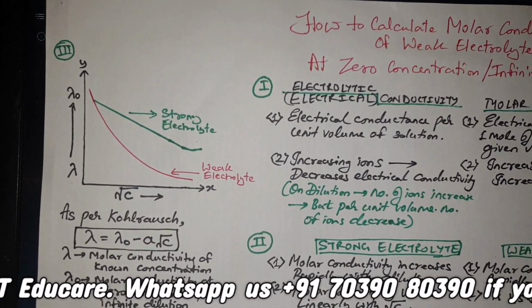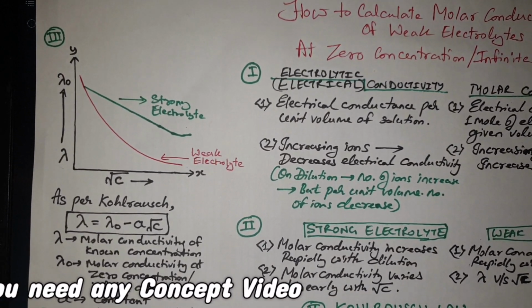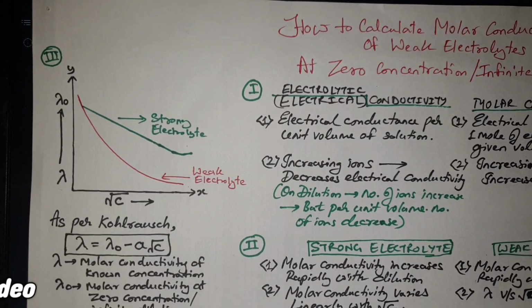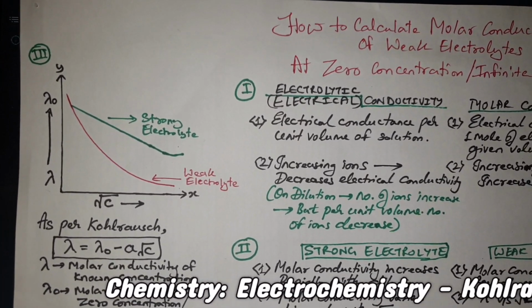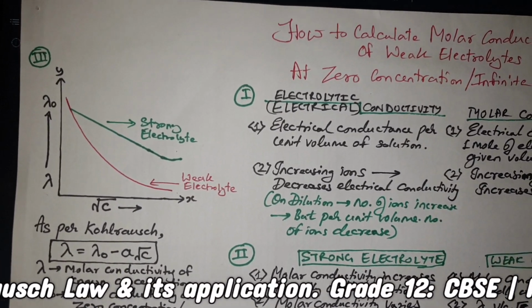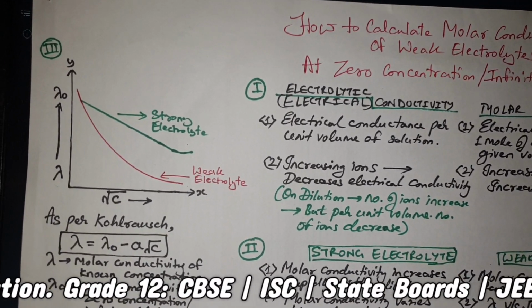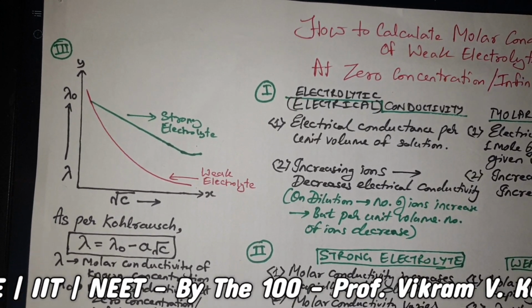Before that, you need to understand how we calculate the molar conductivity of strong and weak electrolytes, and look at this particular graph of strong electrolyte and weak electrolyte. The graph is of molar conductivity, lambda, versus the square root of concentration.